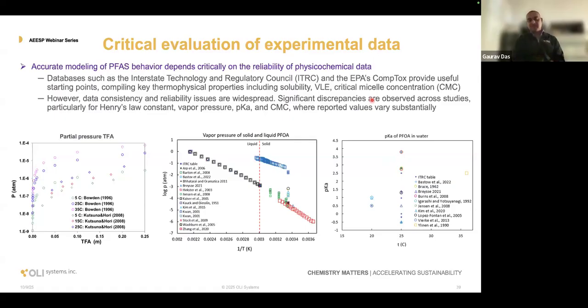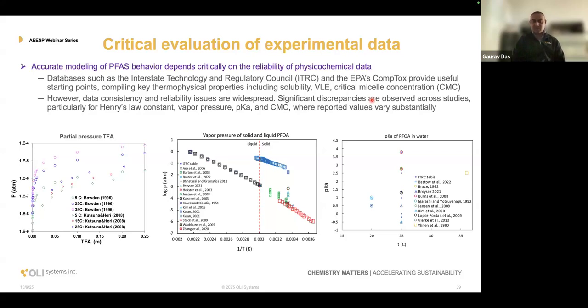One of the good news pertaining to PFAS compounds is that there are already databases such as the Interstate Technology and Regulatory Council, ITRC, and EPA CompTox, which provide us a starting point. A lot of data has been compiled on thermophysical properties, including solubility, VLE, and critical micelle concentrations. However, there are significant inconsistencies within the available experimental data.